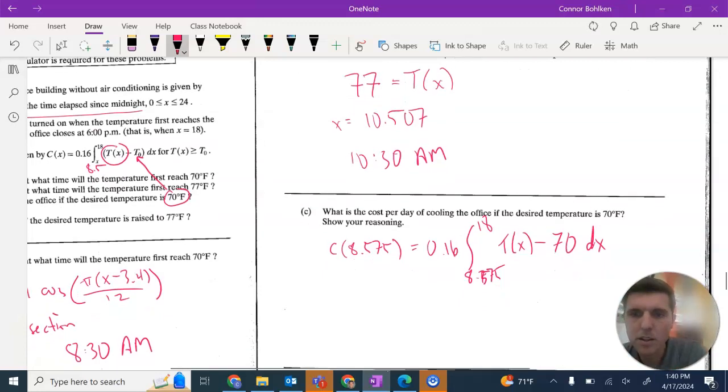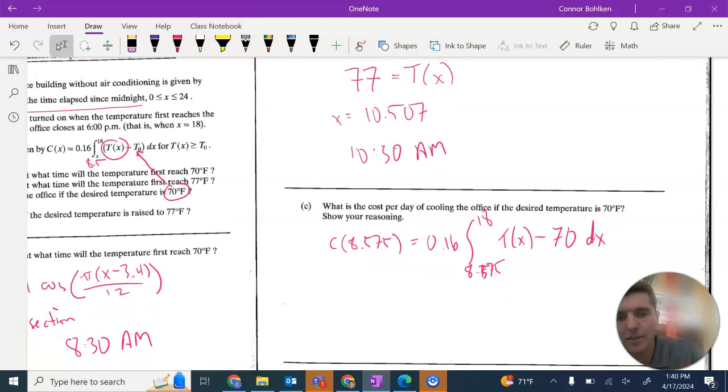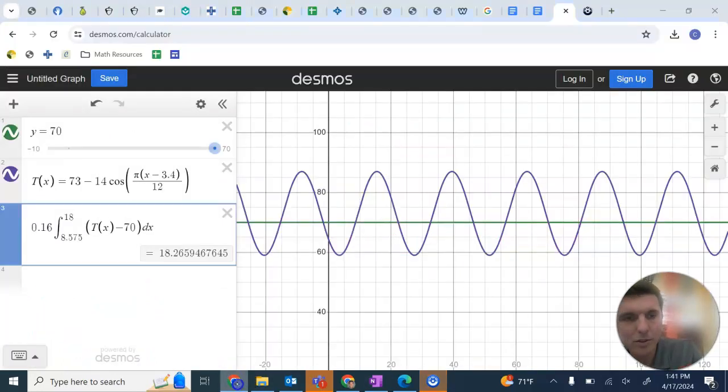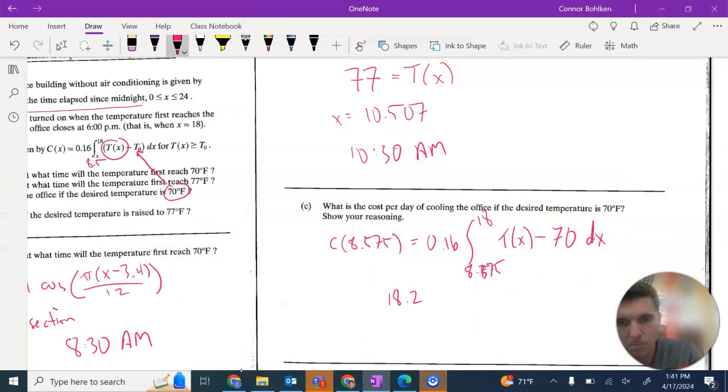And then we get 18.266. And what is the unit here? The unit is dollars per day. I think this is good enough reasoning. You showed what integral you typed in. You showed where your number came from. I think you're probably good.